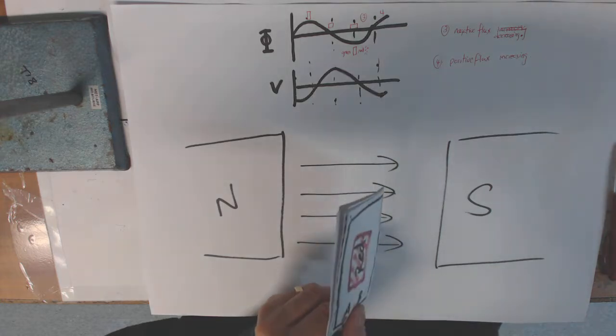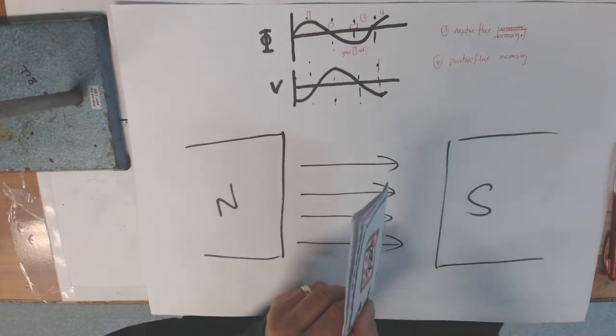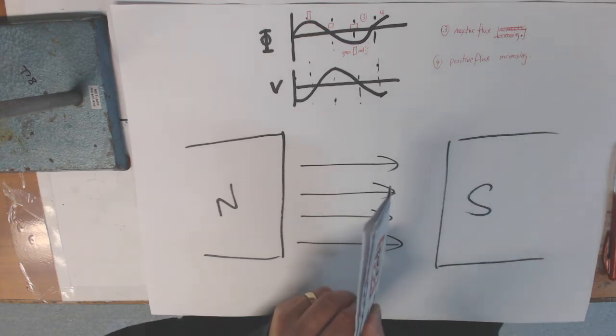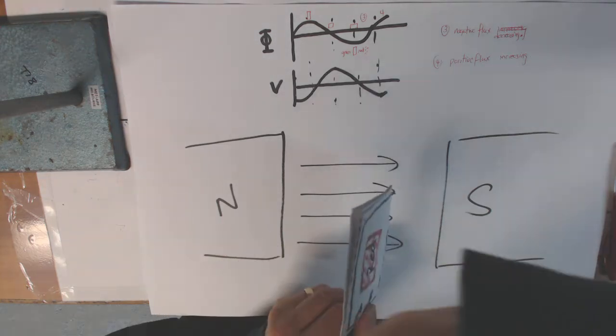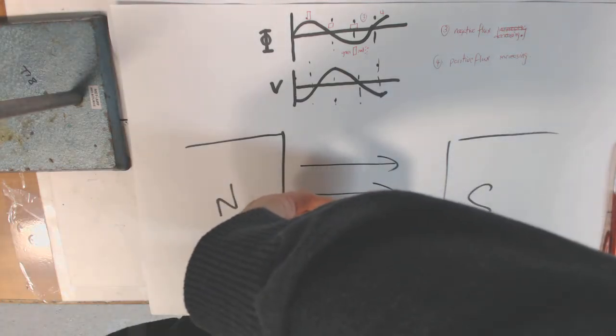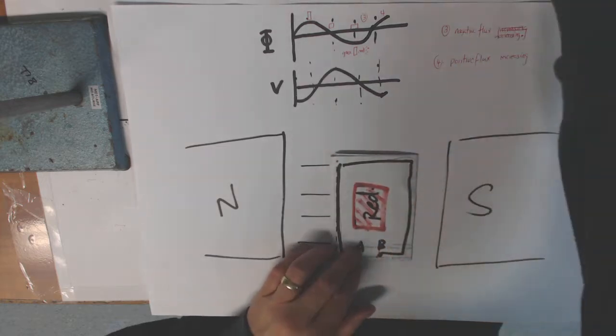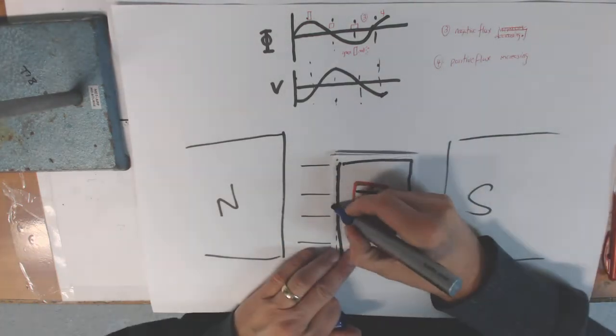We've said the flux comes through from north to south, so it comes out. If I went like that with my right hand grip rule, that's going to go against that flux. So my right hand grip rule has to go that way, and then my fingers would come out through the red and support that collapsing flux. Based on that, I know the current is going this way.